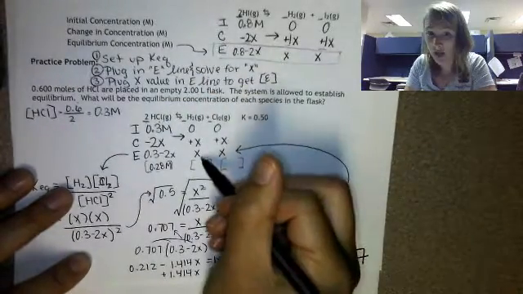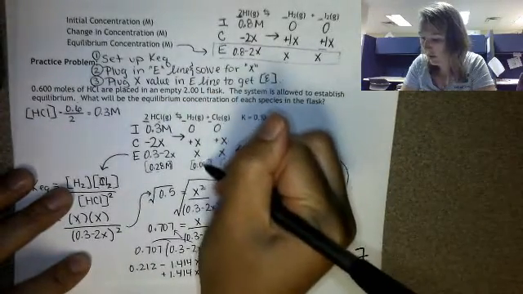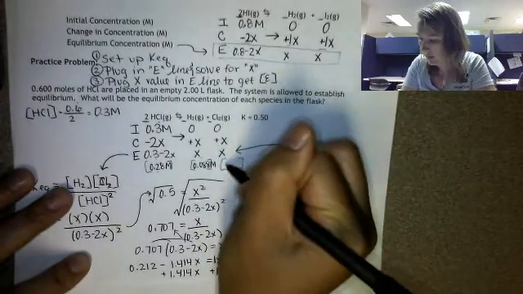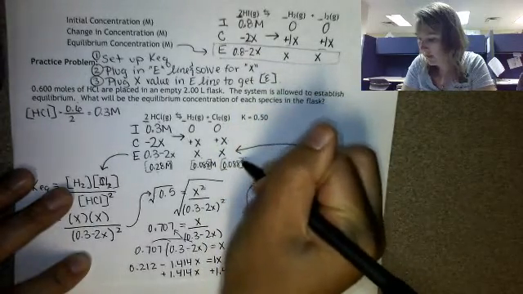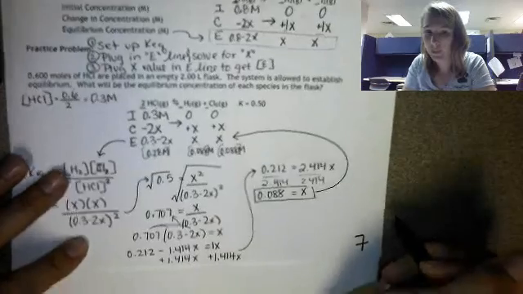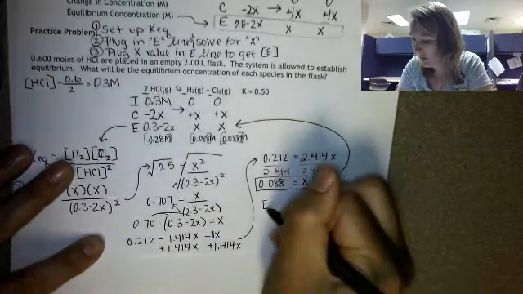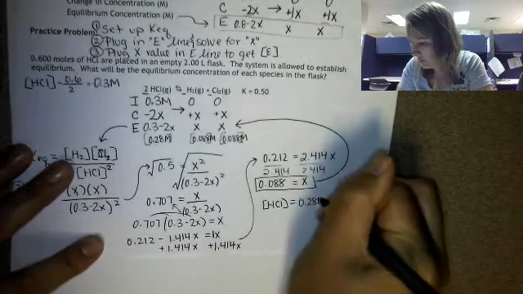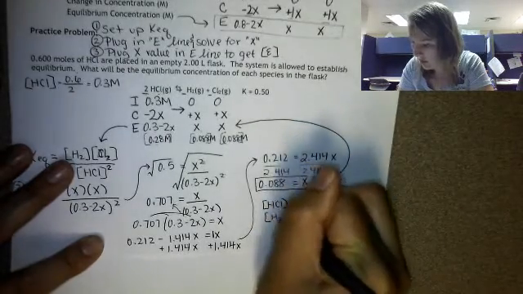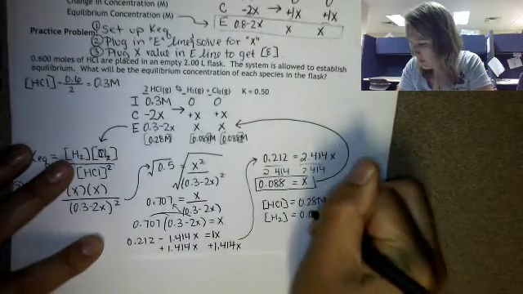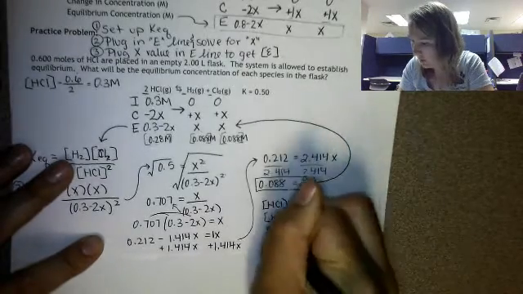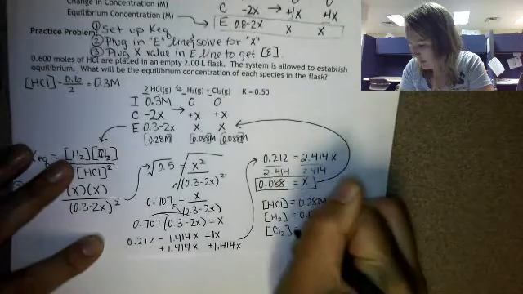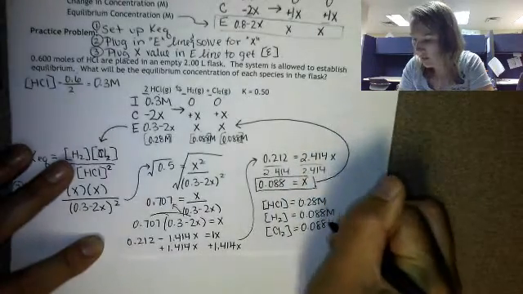Then I have x, which is 0.088 molar, and x is 0.088 molar. So I've determined that at equilibrium, my HCl is equal to 0.28 molar. H2 is equal to 0.088 molar. And Cl2 is also equal to 0.088 molar.